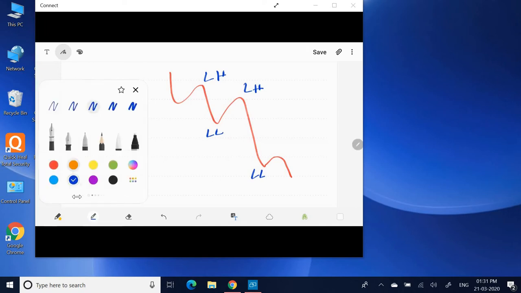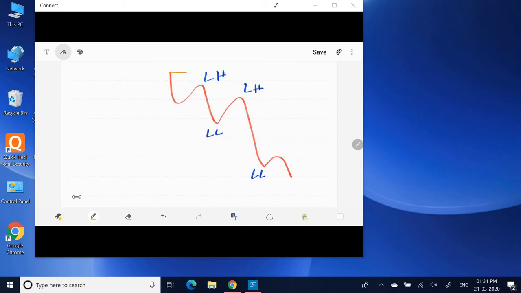What you do is, you draw a trend line connecting this. Pardon my limited drawing and writing skill, poor handwriting. Okay, you draw a trend line over here. Your first rule to understand the trend has changed is breaking of this trend line.